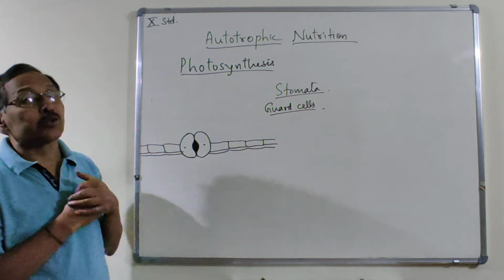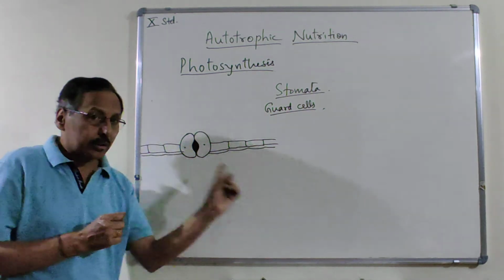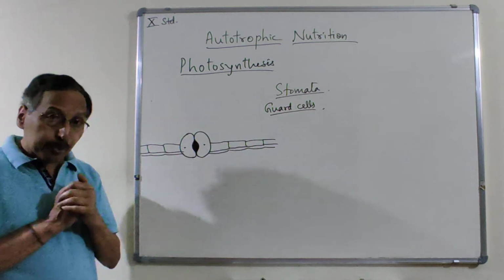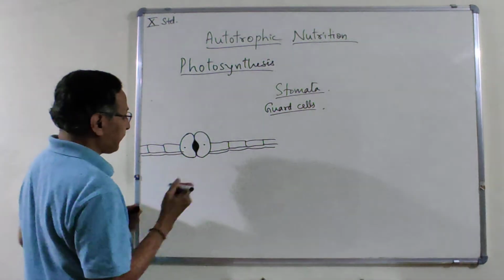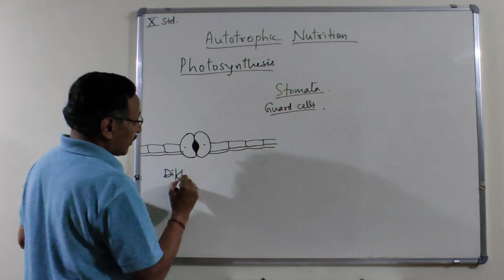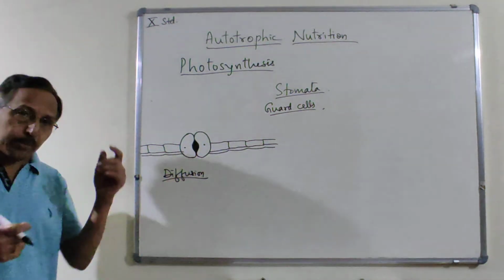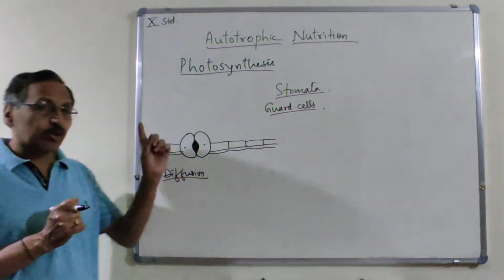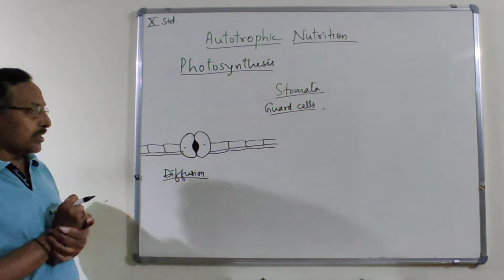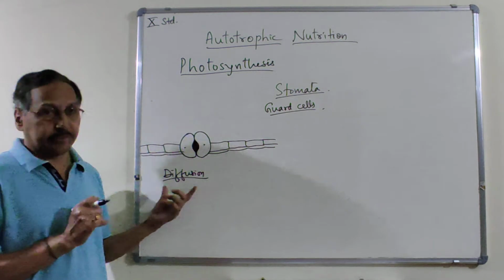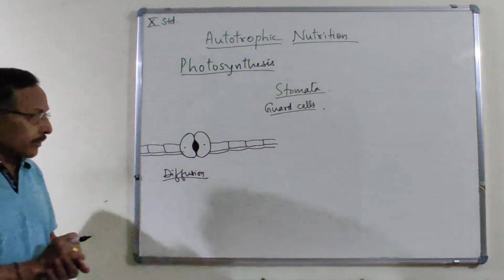dioxide enters the leaves. Oxygen comes out by a process called as diffusion. Absorption of carbon dioxide and release of oxygen takes place by diffusion. Right?